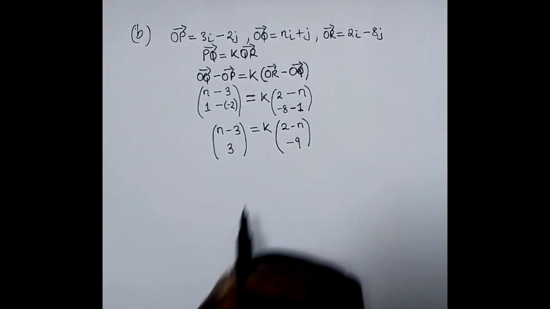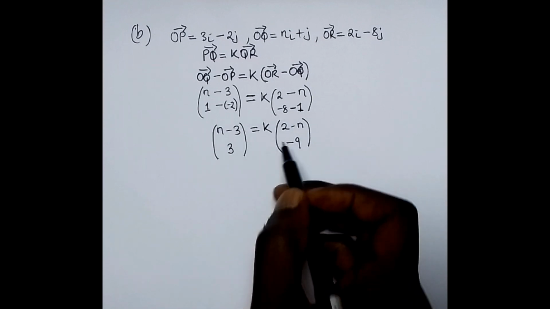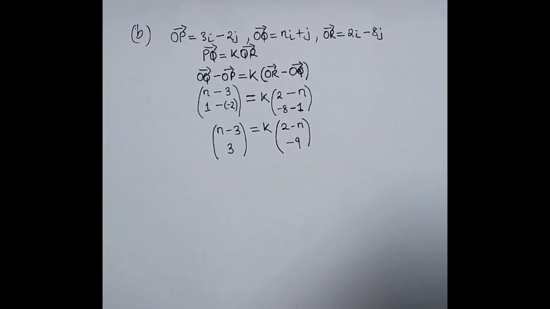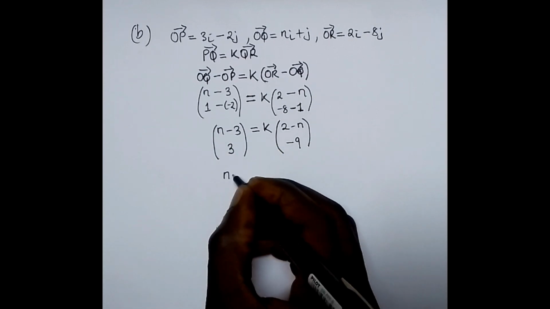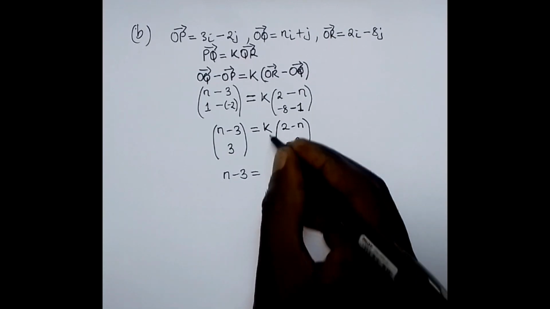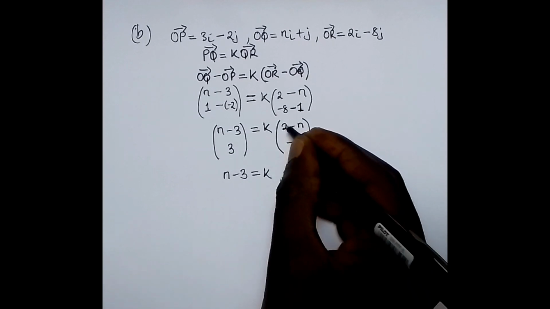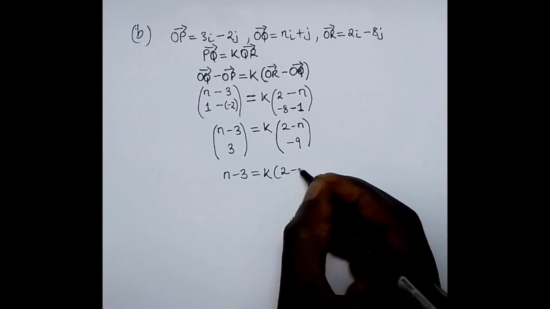So from what we've gotten here, we can come up with the equations. The first one will be n minus 3 is equal to k times open bracket 2 minus n.